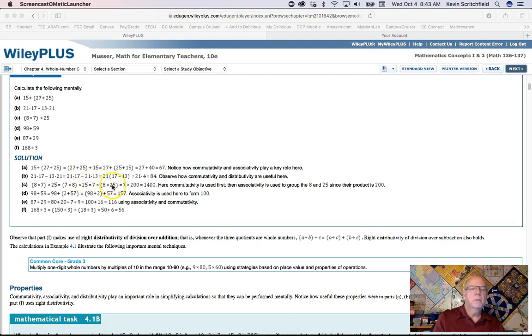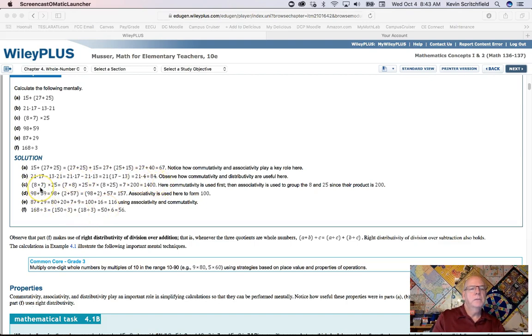So that 21 we can pull out in front. Because the two numbers being multiplied by the 21 are being subtracted, we can write those as a subtraction problem. So 17 minus 13 is 4. And that 21 times 4 now, we can do in our head. 2 times 4 is 8, 1 times 4 is 4, so 84. Make sure you're following that process there.